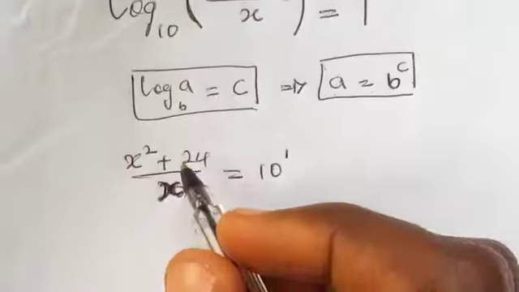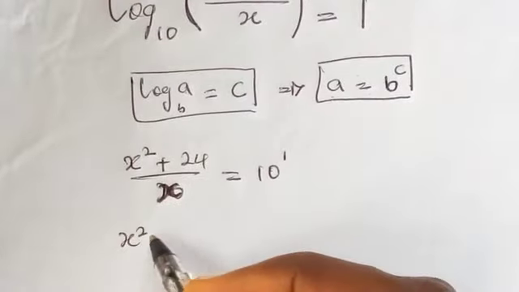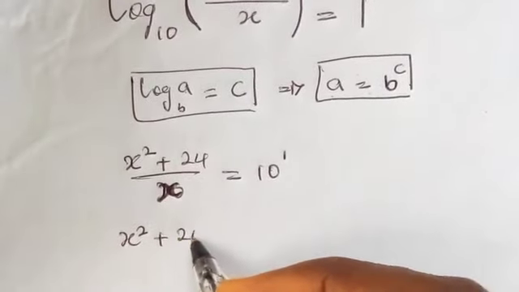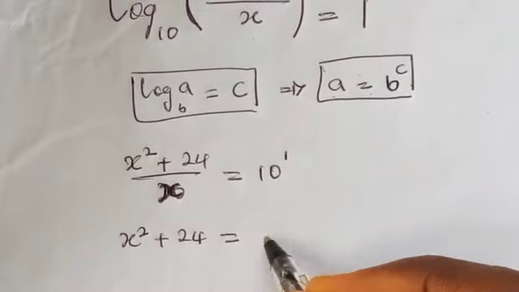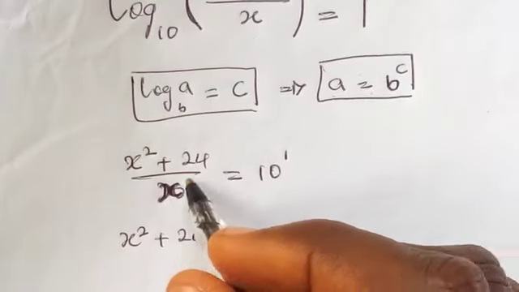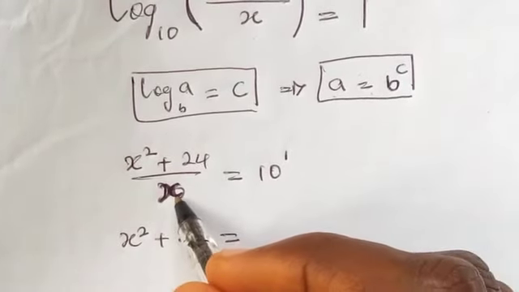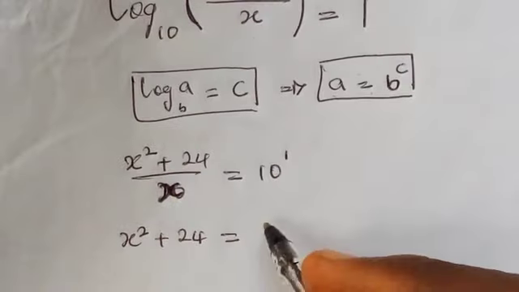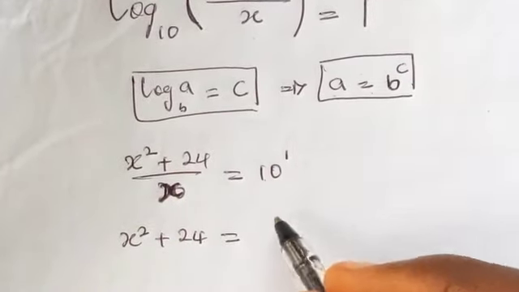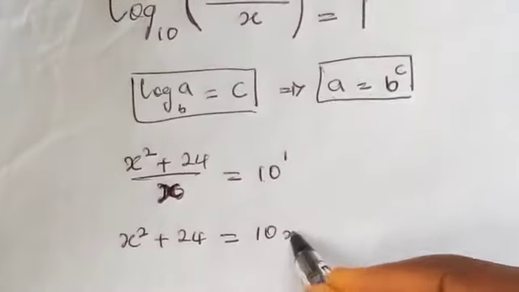Then this will be x raised to power 2 plus 24 equals x times 10, by cross multiplication, because 10 raised to power 1 is 10, so that will be 10x.